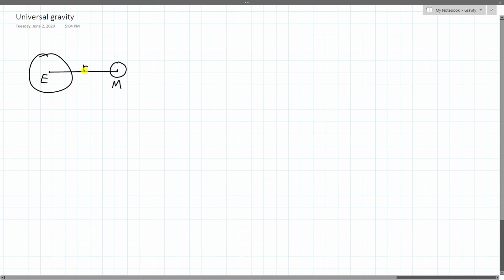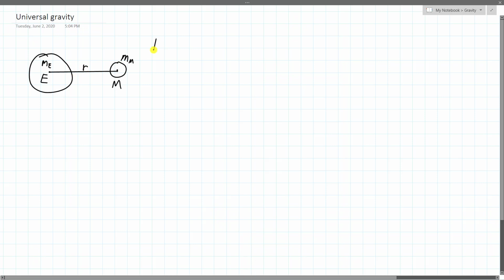Let's call that r. And each object has a mass, so the mass of the Earth and the mass of the Moon. So the universal gravity that binds the two together is dependent on each mass and also their distance. Then additional to that, there's a constant.